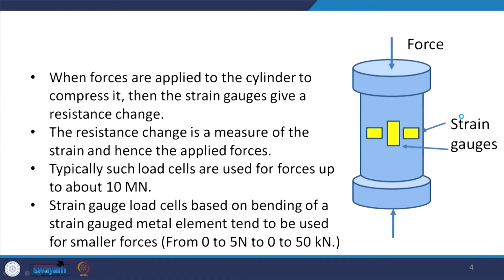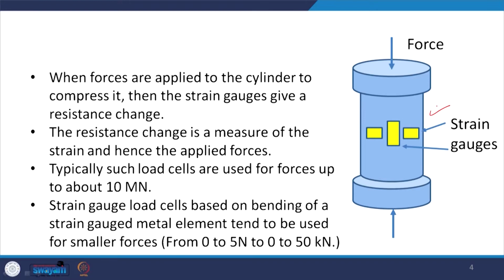That is how it is measured, and their arrangement is called a load cell, and in a cylindrical tube usually the strain gauges are attached. You can see the attachment something like this.